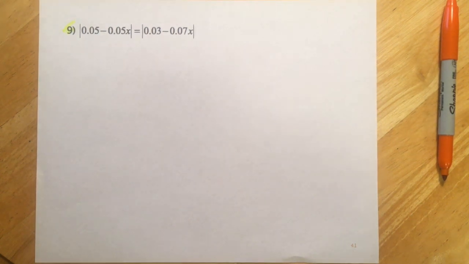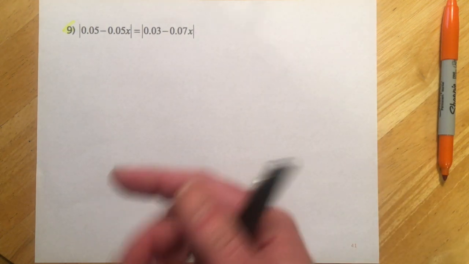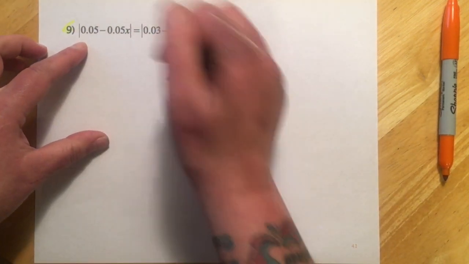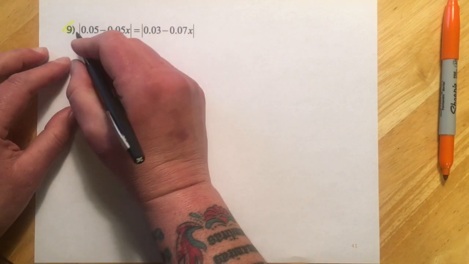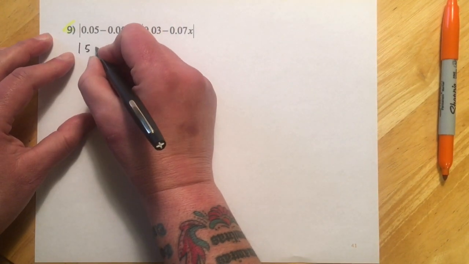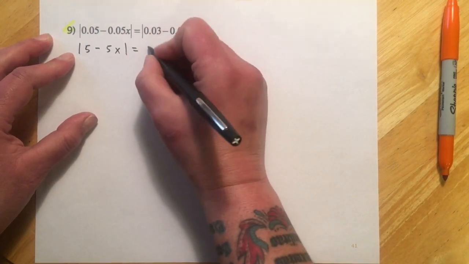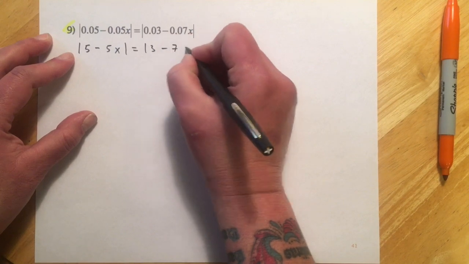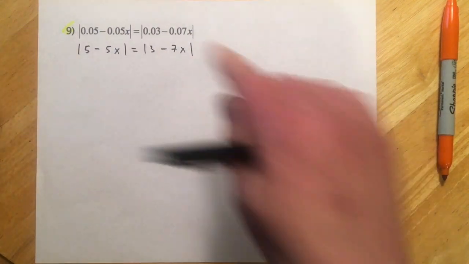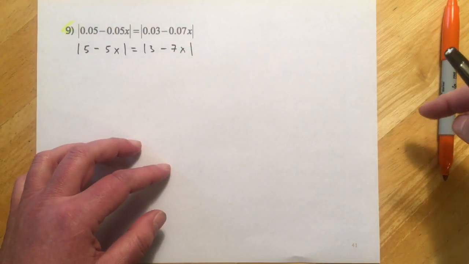And then this last one I would have you guys try. I'm going to clear the decimals right off the bat. We've done some examples where we multiply both sides by 100 to clear those. So I'm just going to rewrite it as 5 minus 5x equals 3 minus 7x. Because you can see if I set up my 2 equations, the next thing I would do is multiply by 100 on both sides.